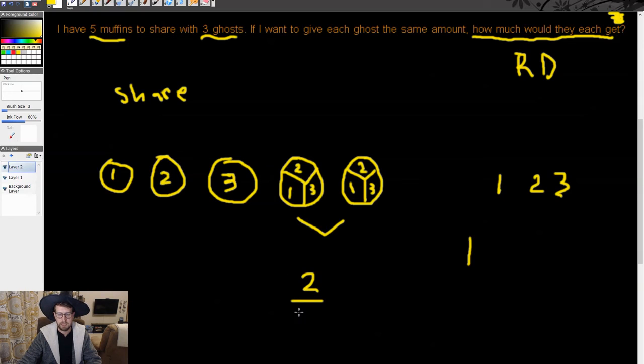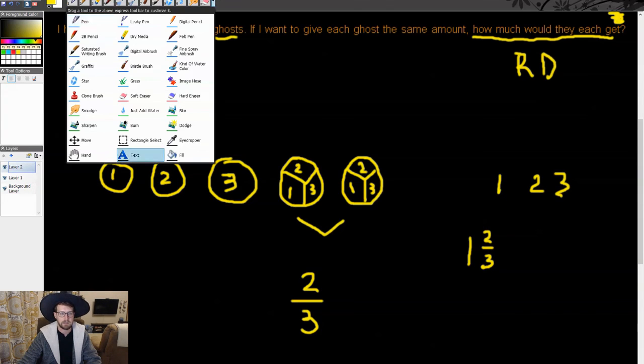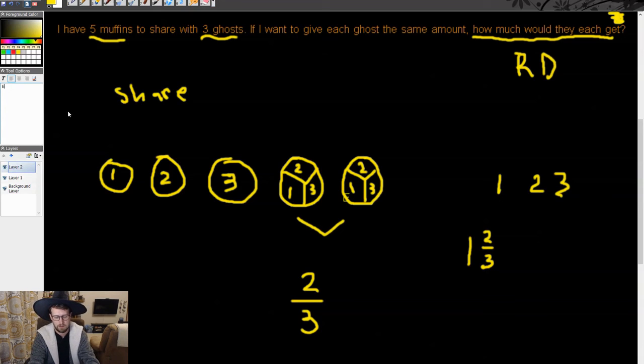We got 2 parts out of how much is a whole muffin? 2 out of 3, or 1 and 2 thirds. We got our D step here. We found our answer. Let's write out our final answer. Each ghost will get 1 and 2 thirds muffins.